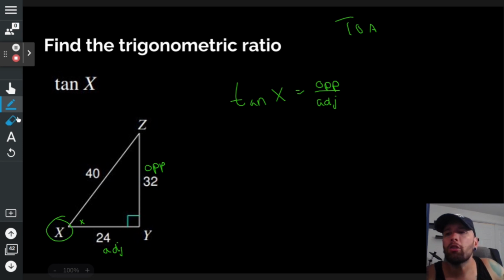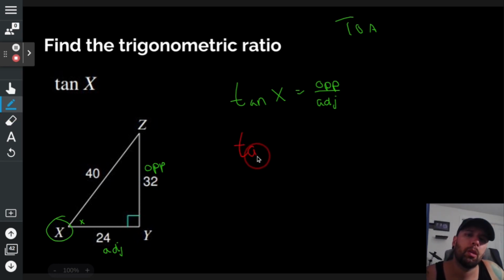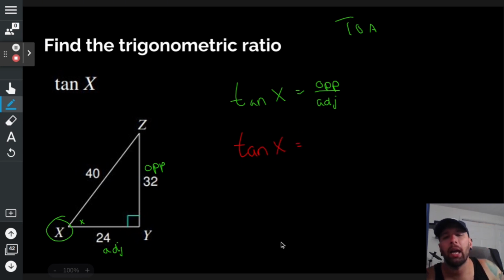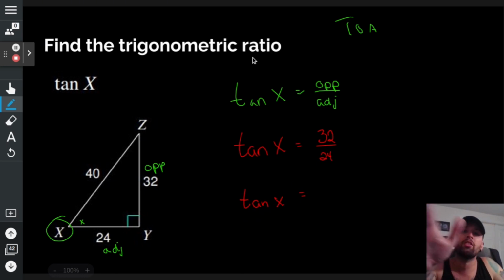So the tangent of x is going to equal my opposite side, which is 32, over my adjacent side, which is 24. Depending how picky you want to be, I can go one step further. I'm going to keep it as a fraction because it says ratio in the directions.